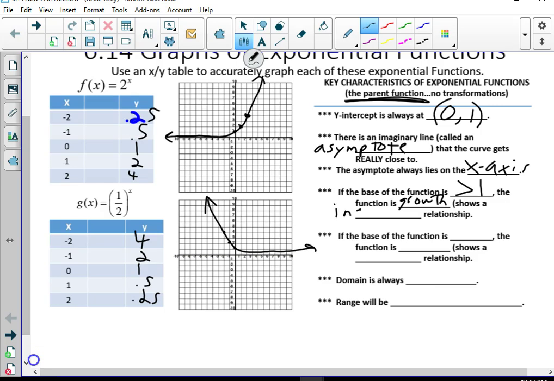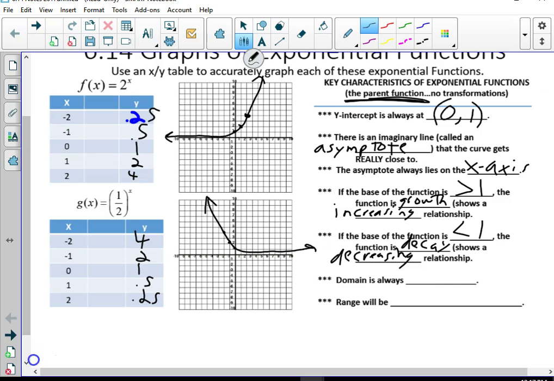And that shows an increasing relationship. If the base of the function is less than 1, then it's decay, which shows a decreasing relationship.